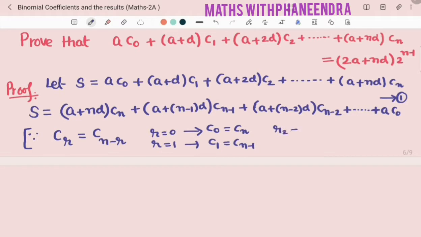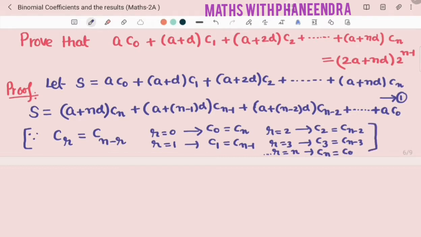R is equal to 2, that implies C2 is equal to Cn minus 2. R is equal to 3 and so on, C3 is equal to Cn minus 3. Suppose R is equal to n, Cn is equal to C0. So this information will help in the next step.